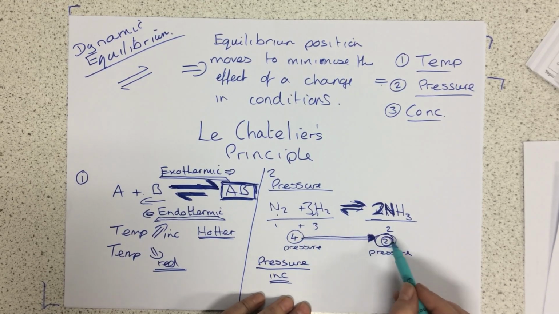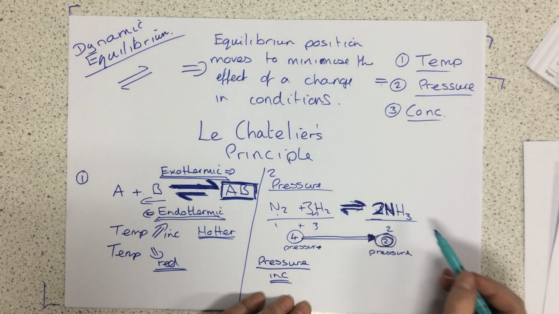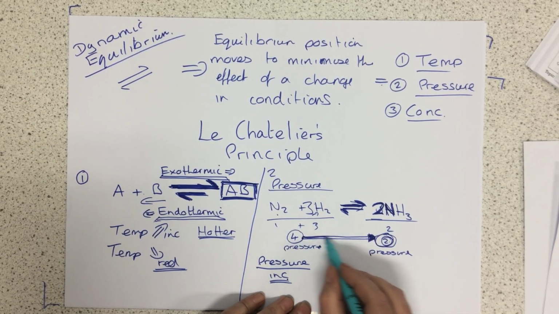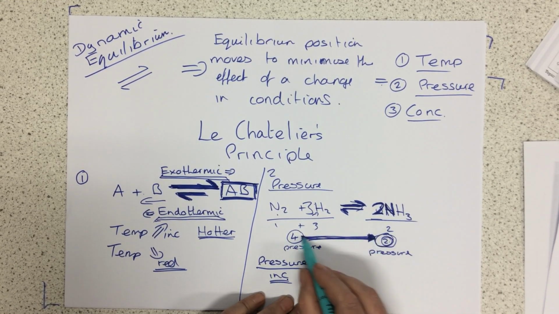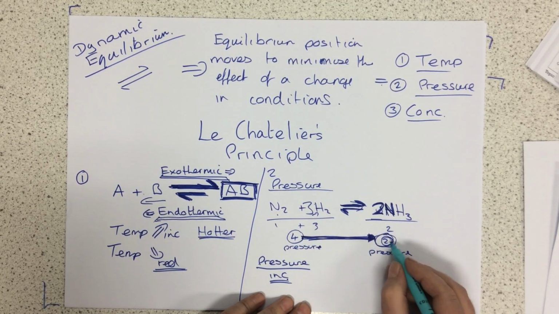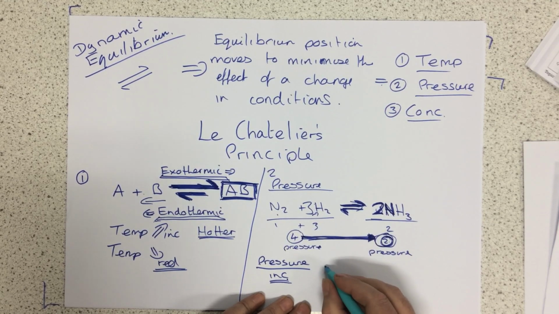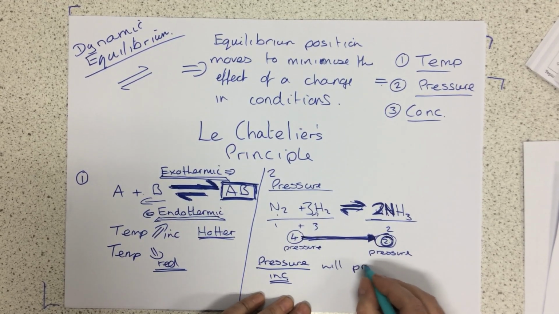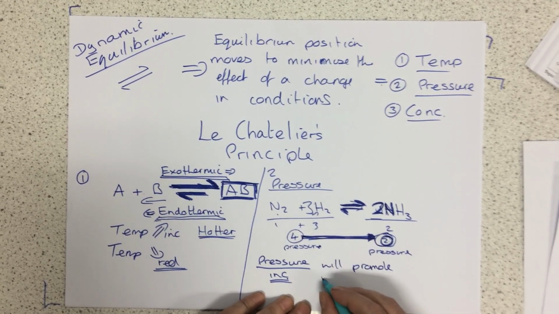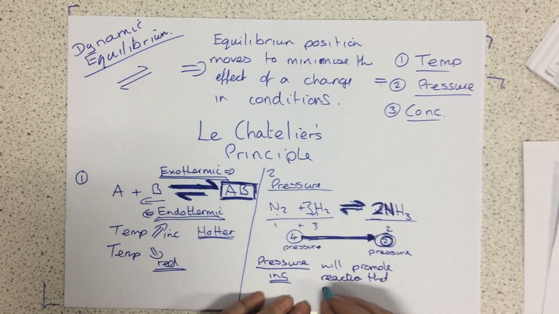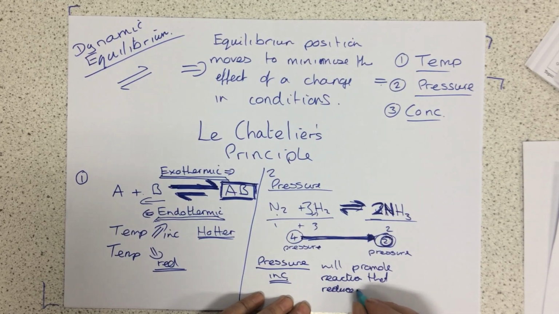We've gone from 4 to 2 for each of these that react. So by increasing the pressure, we encourage the reaction in the direction that will decrease pressure, and that is the one to the side with the least molecules. So increasing the pressure will promote the reaction that reduces the number of molecules.